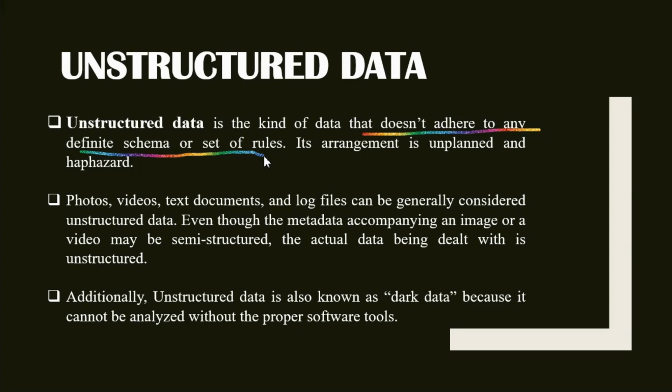But unlike structured data, unstructured data cannot be arranged. Its arrangement is unplanned and haphazard. For example, photos, videos, text, documents, and log files are generally considered unstructured because you cannot categorize all of these in certain formats or structures.